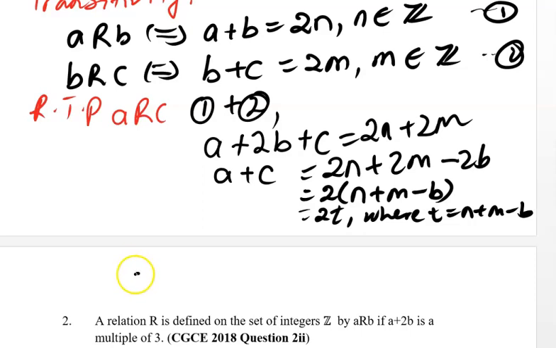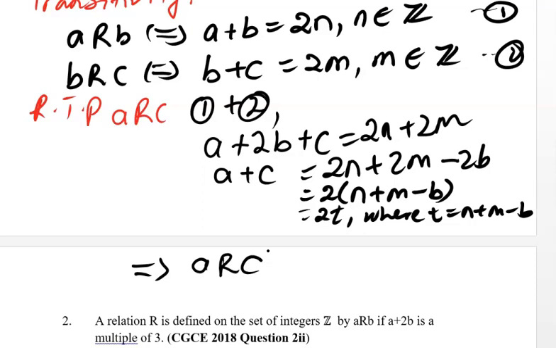This implies a plus c is 2t, so it's even. This implies a relates to c. And we are done. So we have proven that it is transitive.